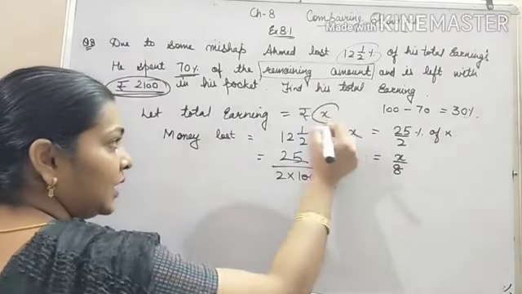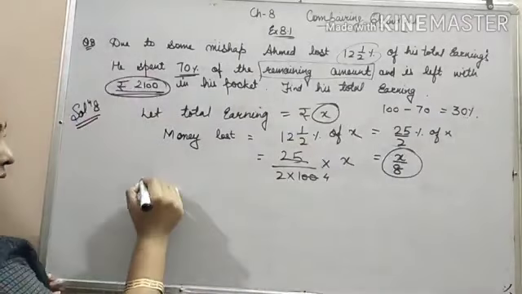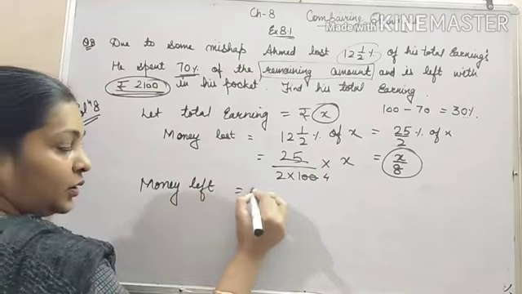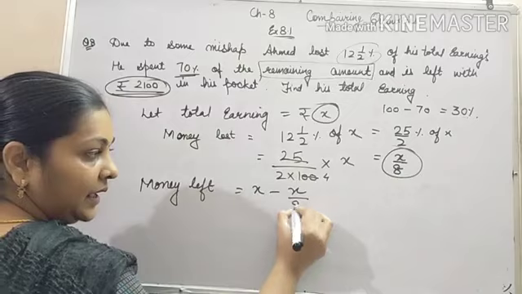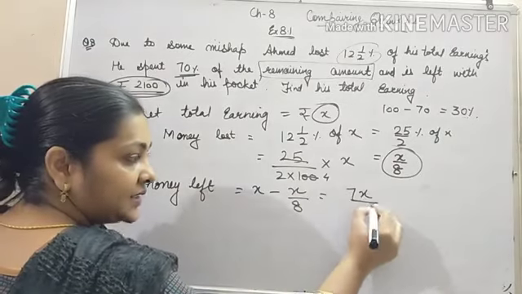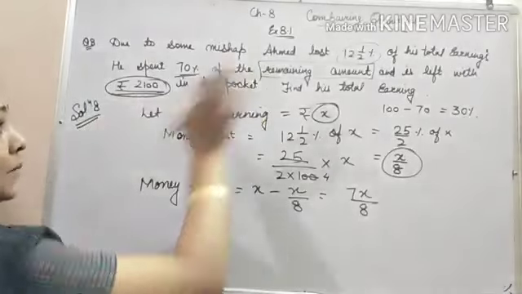He was having earning X, lost X by 8. Money left: total money was X, lost was X by 8. Now solve it, 8x minus x, 7x by 8. This is the money left with Ahmed.